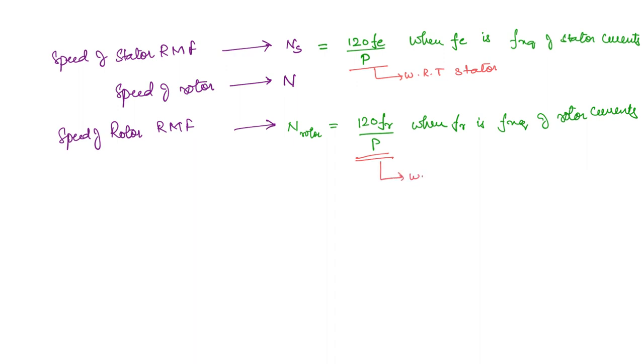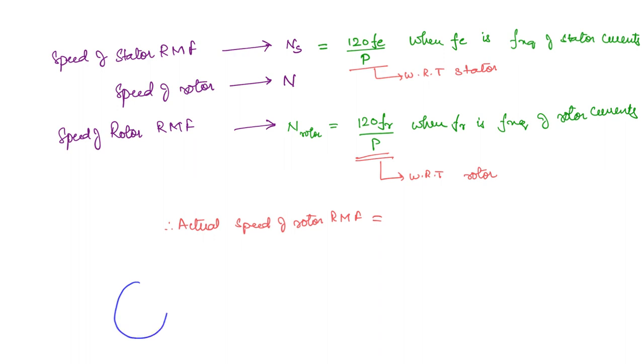But since this is with respect to the rotor, which is a moving frame of reference, we also want to find out its actual speed. That means with respect to the stator, which is stationary, what will be the speed. Therefore, what will the actual speed of the rotor RMF be?